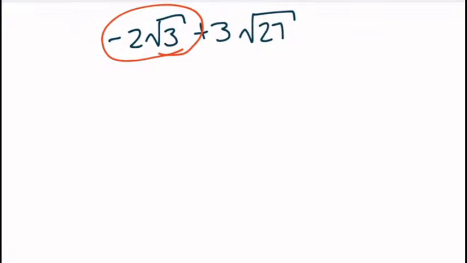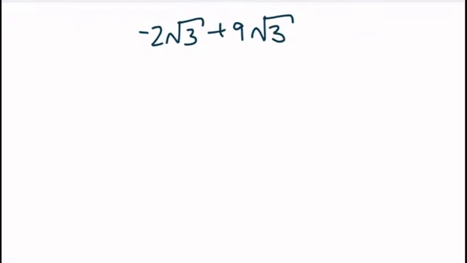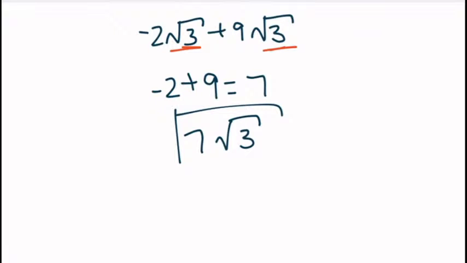So we're going to divide 27 by 3 to see if they can have the same radicals so that it's consistent throughout the terms. So 27 divided by 3, you should know that's equal to 9. Now, since the radicals are consistent throughout the terms, we do negative 2 plus 9, which are just the coefficients, and that's equal to 7. So we get 7 radical 3 as our final answer.